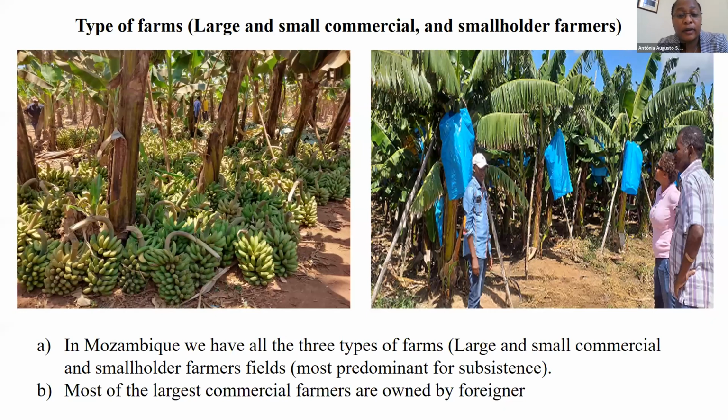We have different types of farms. This photo shows the different management of fruits in smallholder farms and in commercial farms. You can see that in the smallholder farms, the management of the fruits is not good. Most of the largest commercial farms are owned by foreigners.